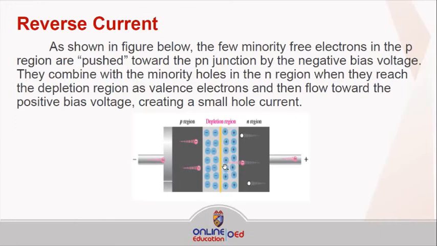Then after nun, they combine with the minority holes in the N region naman when they reach the depletion region as valence electrons and then flow towards the positive bias voltage. And this creates a small hole current. Okay, yan yung nangyayari. Nagkakaroon ng small hole current.